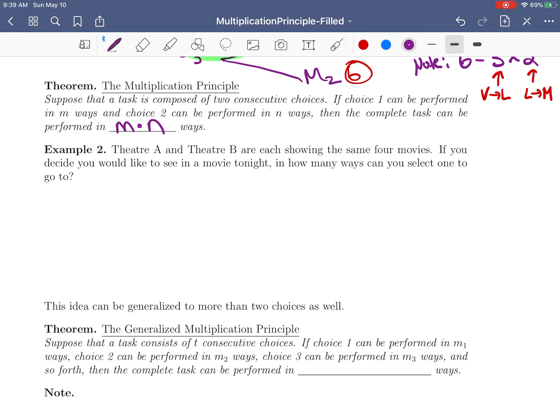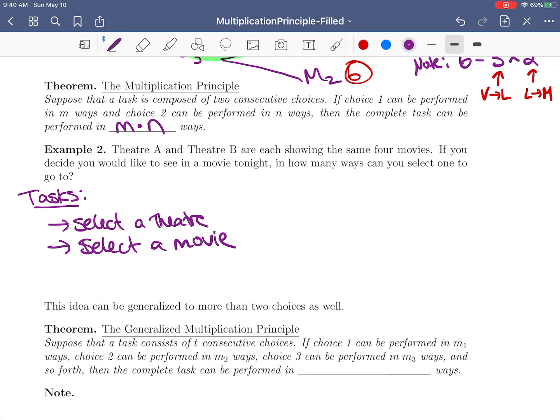Our task is that we need to select a theater, and then we need to select a movie. To select a theater, we only have 2 options, and to select a movie, we have 4 options.